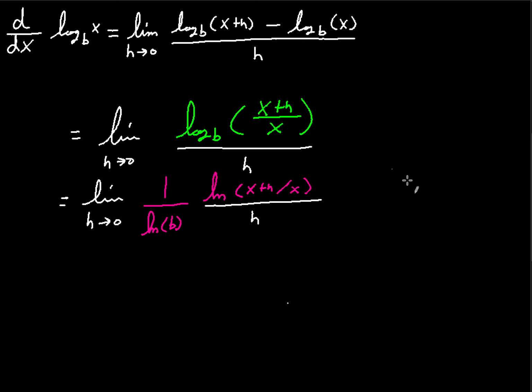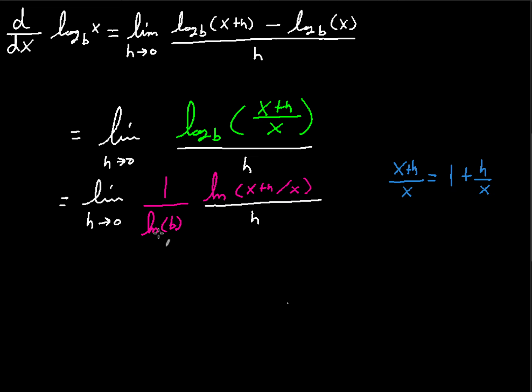I'm looking at this x plus h over x. I could rewrite that as 1 plus h over x. But you ask me, why would you do that? I'm wondering if I can't play with this a little bit differently if it was rewritten.